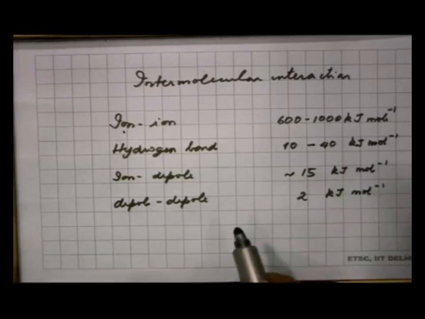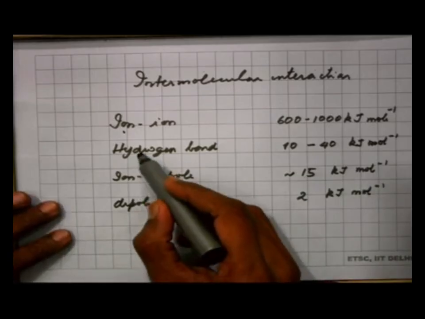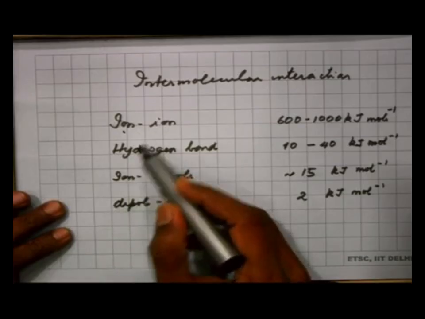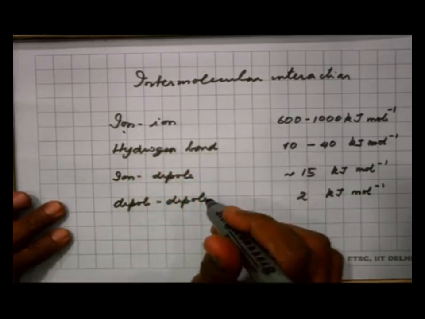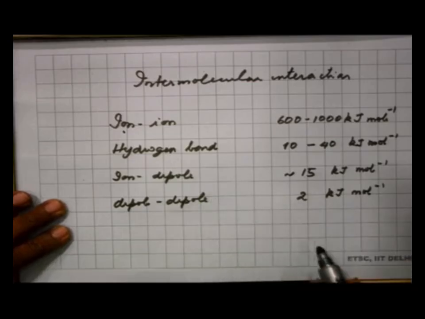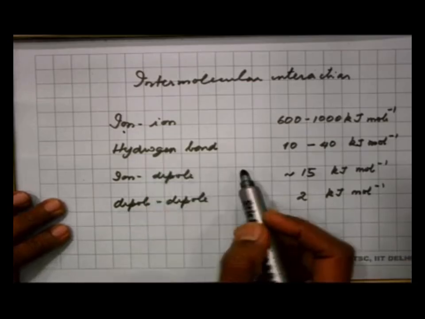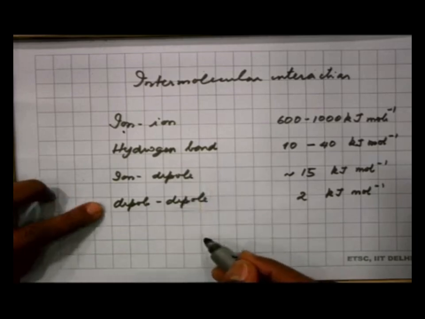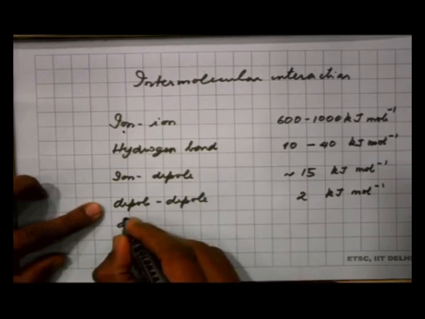Now, one thing that you have to note is that the hydrogen bond is just an extreme case of a dipole dipole interaction, but we classify it a little bit differently because its strength is different and it behaves a little bit differently.